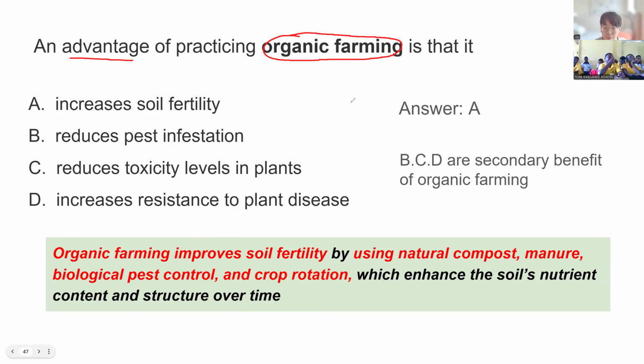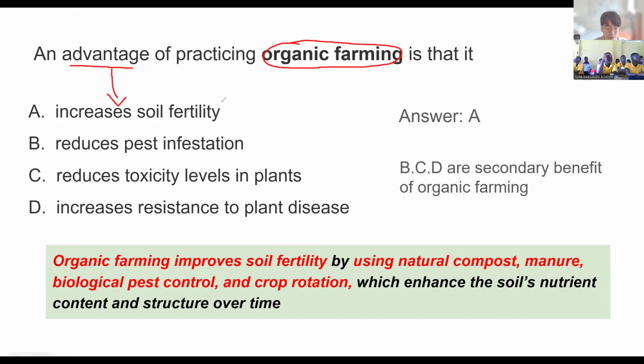So, organic farming is a method of using organic materials to farm. And one of the best advantages is that it increases soil fertility.